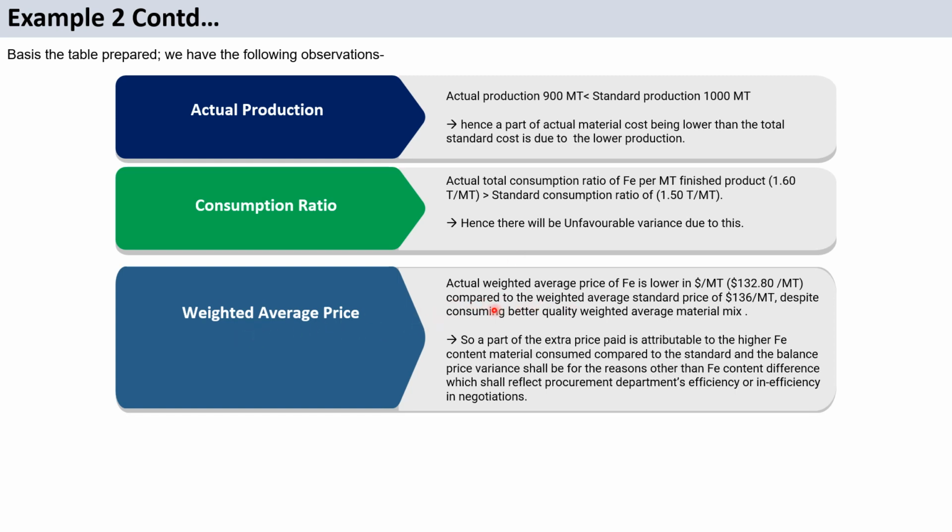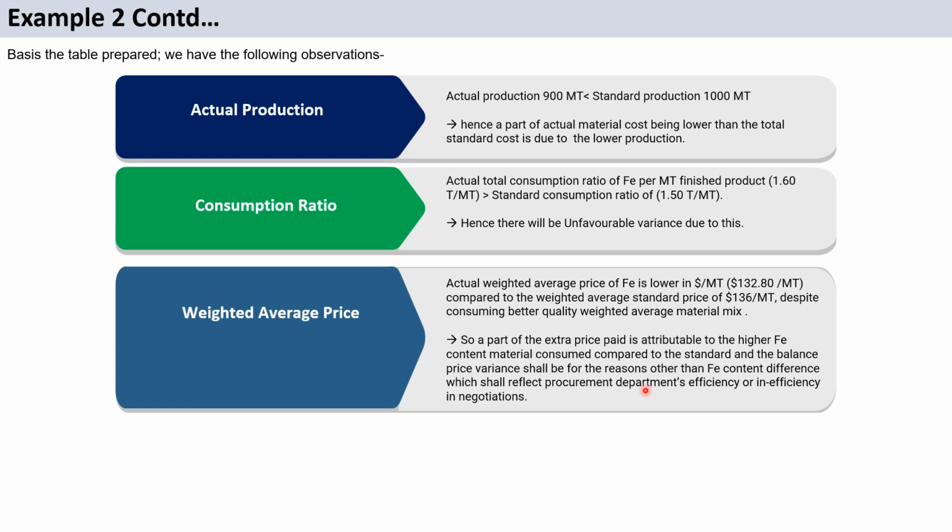As we know, the weighted average price of Fe is $132.80 compared to the weighted average standard rate of $136 per metric ton, despite consuming a better quality weighted average metal mix. So a part of the extra price paid is attributable to the higher Fe content, and the balance price variance will be due to reasons other than the Fe content, which we will calculate.